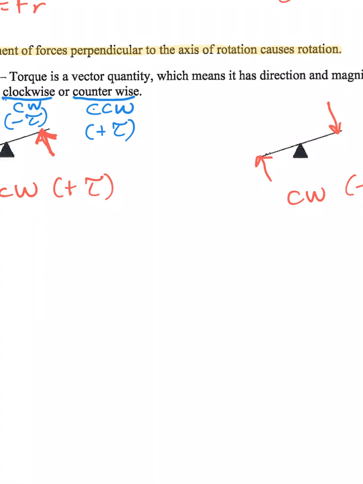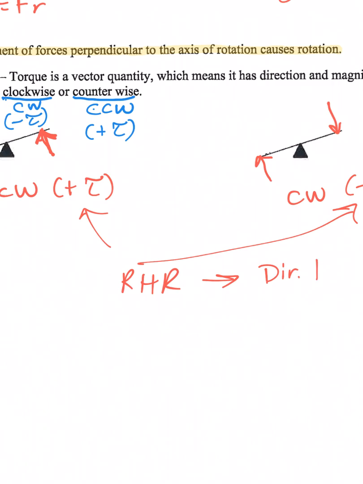Down. So clockwise is down, counterclockwise is up. Thus, righty-tighty, lefty-loosey, the way it works with screwing stuff in and unscrewing stuff. So positive torque and negative torque follow the right hand rule, the direction your thumb is pointing.